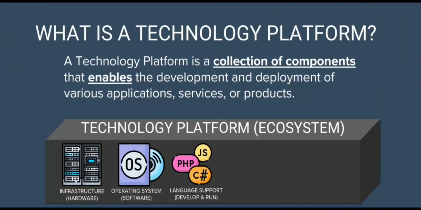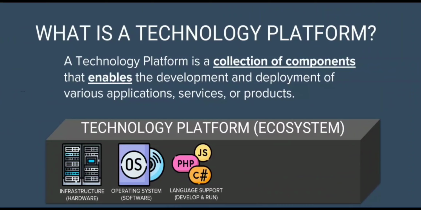Actually the language. If you have written a Java program, a Python program, or an application like Node.js, then we need that platform to be able to run our programs. So definitely language is the next supporting thing in our technology platform ecosystem.